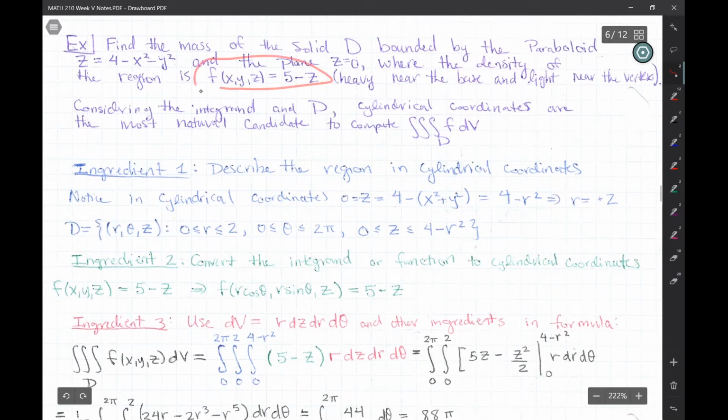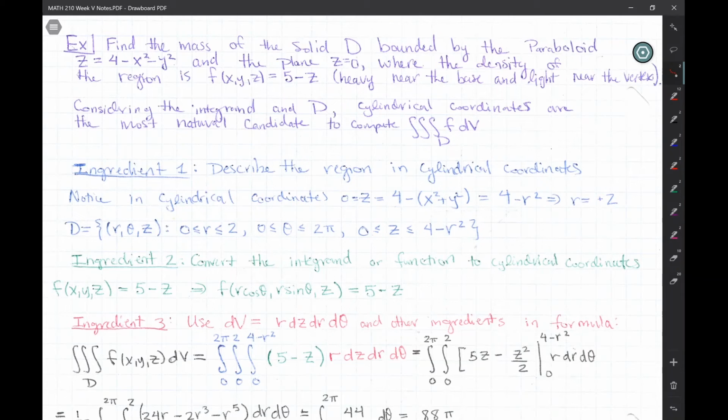Secondly, we have to look at the integrand. Now the integrand is quite simple, but clearly it could be integrated easily using cylindrical coordinates. So even converting to cylindrical coordinates would be rather trivial here, since we don't really have x and y being used in the expression, but the function itself would not become difficult to integrate if we use cylindrical coordinates.